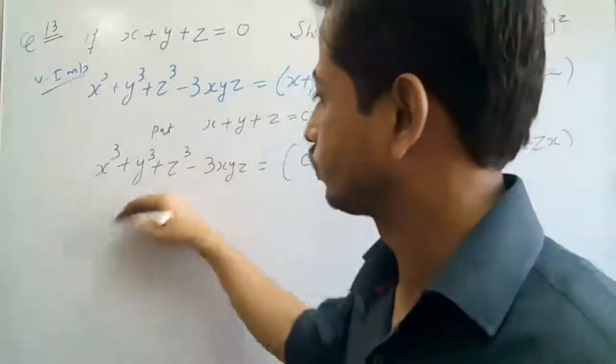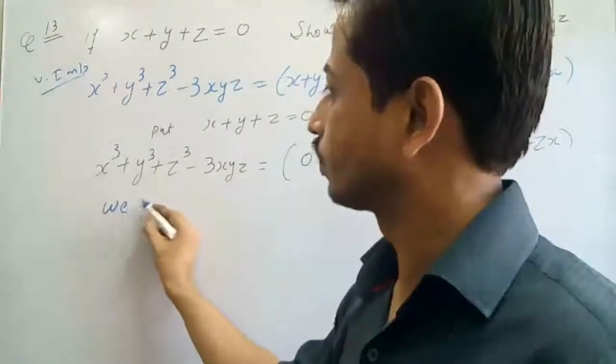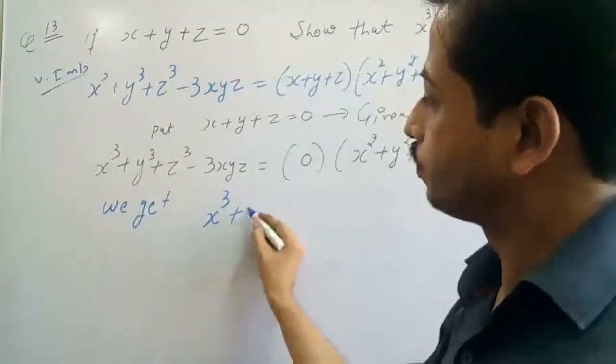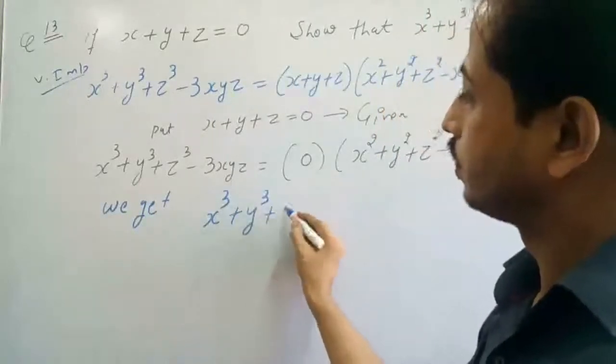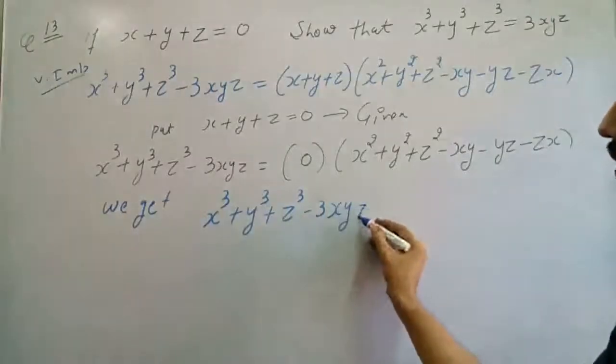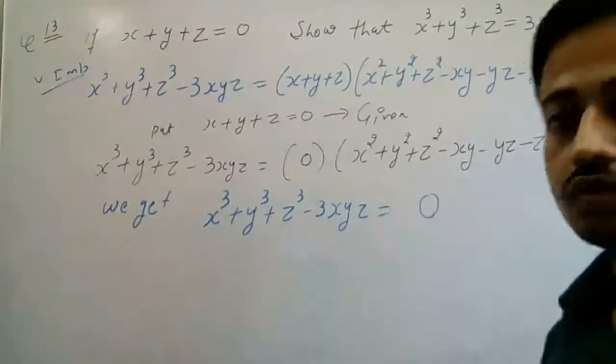So we get x cube plus y cube plus z cube minus 3 into x into y into z is equal to 0.